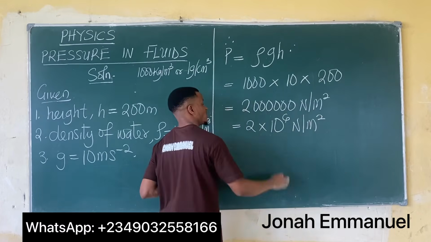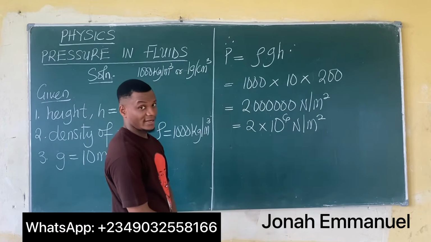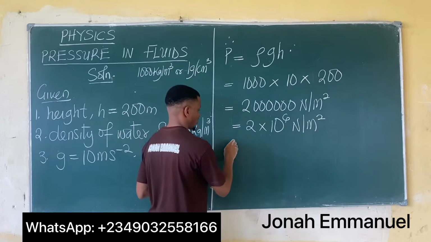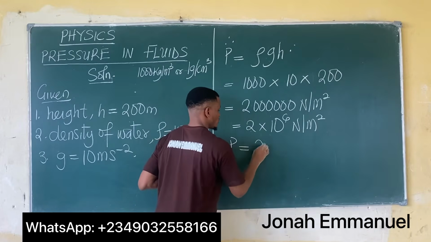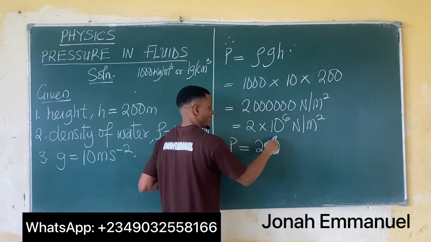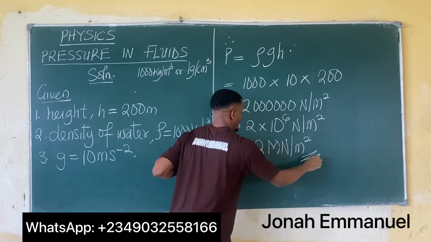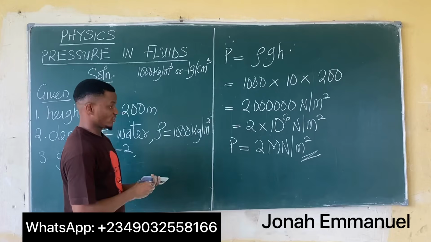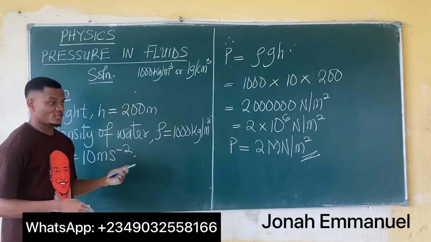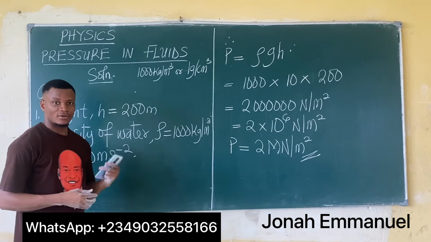This value is what is called a mega. So hence the pressure P is equal to 2 mega Newton per meter squared. Alright, so this is the pressure in the dam. So this is how you solve this question.